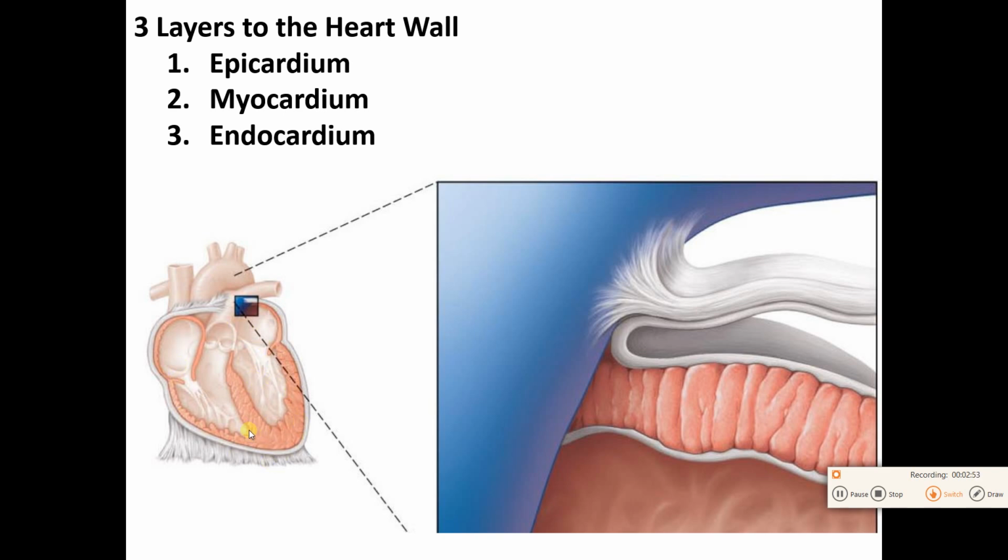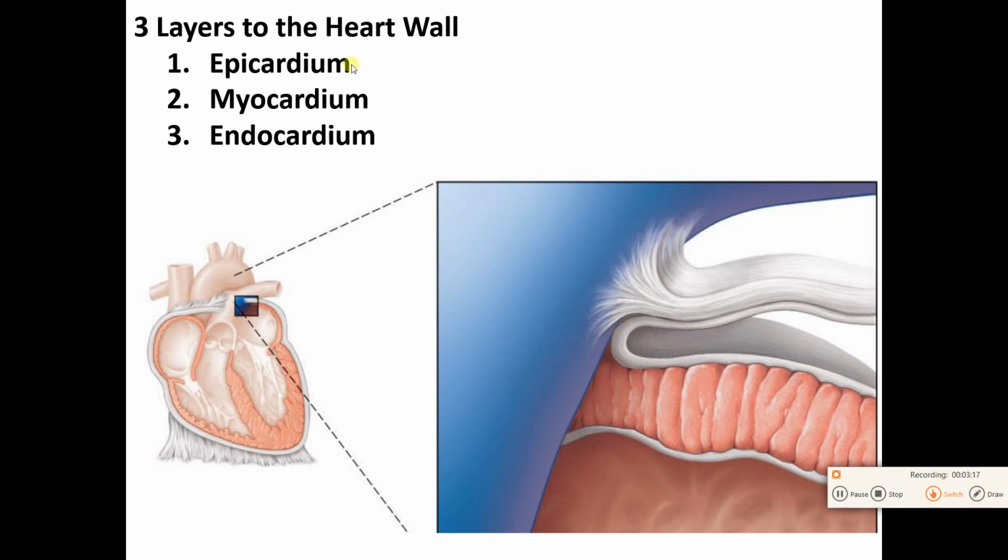Now, no matter what chamber we're looking at, if we zoom in on the heart wall, so a little square right there is us zooming in on the wall of the left atrium. We could zoom in anywhere, but we're just zooming in on the left atrium here. And when we do so, we notice that there are 3 layers to the heart wall.